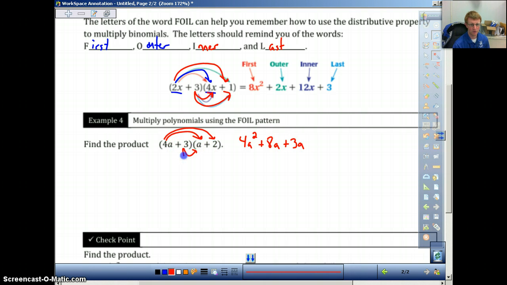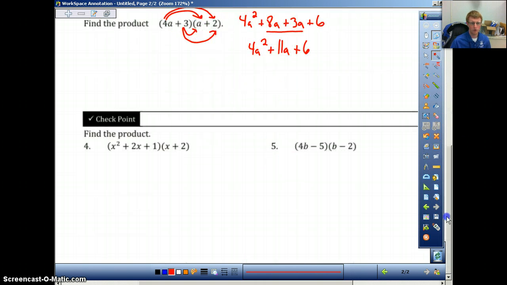And our last is 3 and 2, which is 6. The only thing we have to combine is the middle terms there, and we have 4a squared plus 11a plus 6. Okay, so you have two to do on your own here, so try those. Hit pause, give yourself a second to do it, and then hit play when you're ready so you can see the solution.